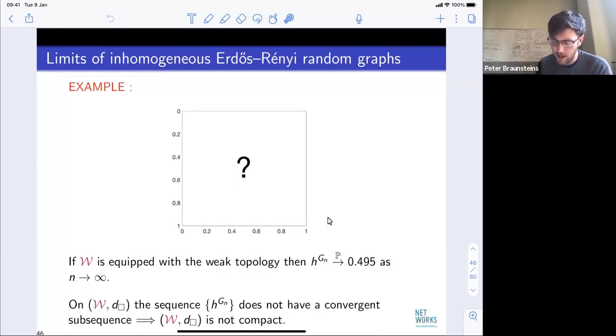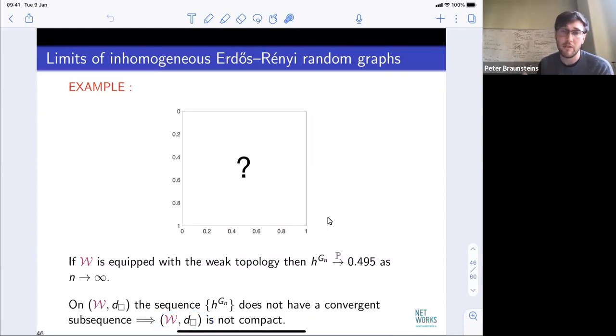But this also makes a larger point. In particular, this sequence of graphs that we saw doesn't converge to anything with probability 1 in this space, but it also does not have, with probability 1, a convergent subsequence either. So this means that this space here is not compact.